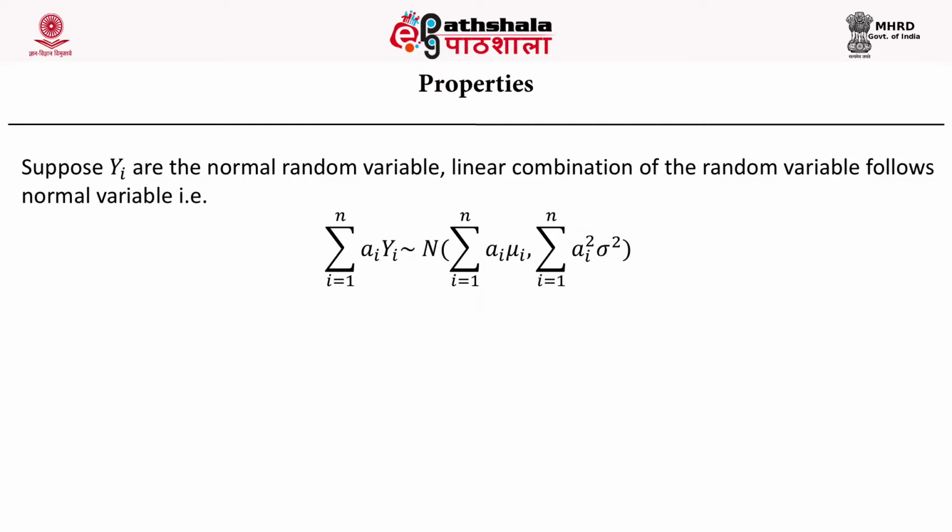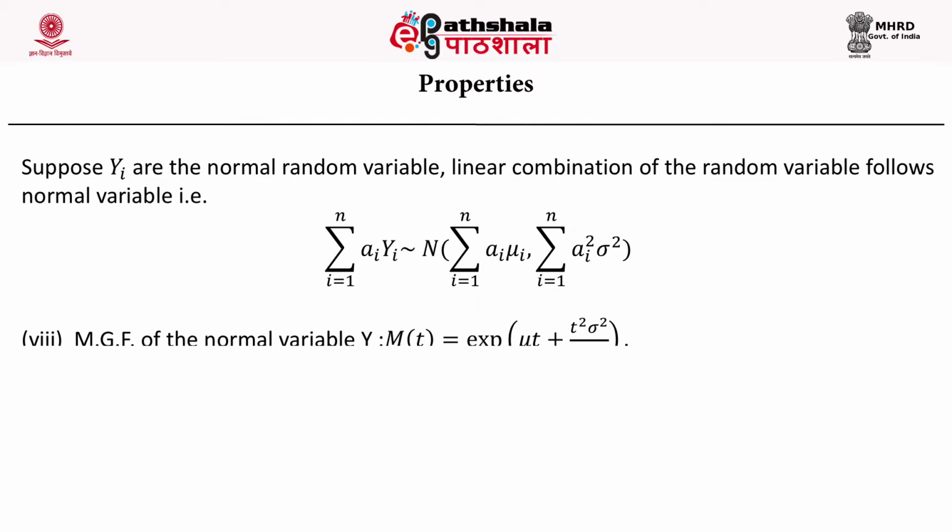Another property of the normal distribution is the MGF of the normal variable, that is M of t, which is given as exponential of mu t plus half t square sigma square. The MGF of the standard normal variable is exponential of t square upon 2.